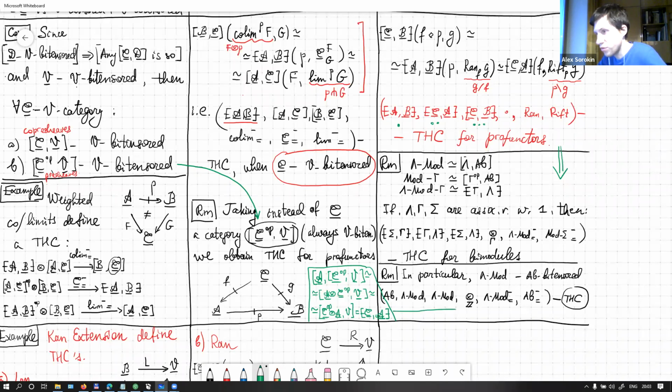You can derive also this formula immediately from the case above, just thinking who is your lambda, gamma, and sigma, and making a correct choice will give you immediately this Tensor-Hom-Cotensor situation.